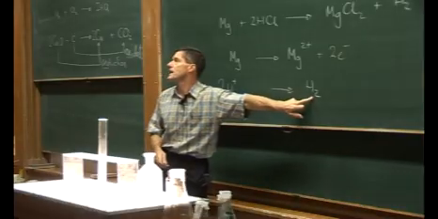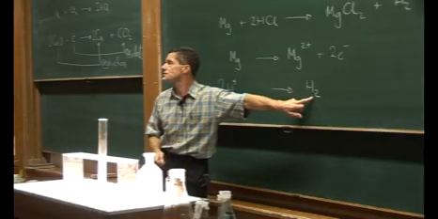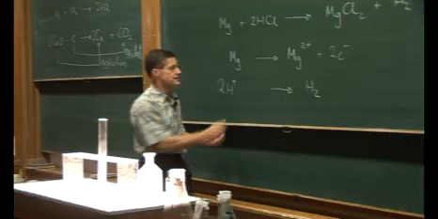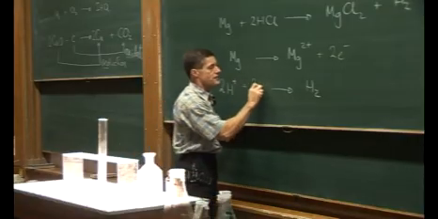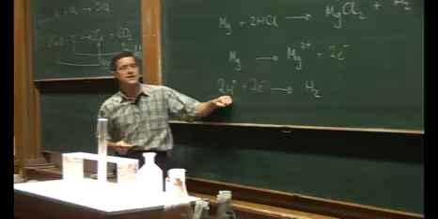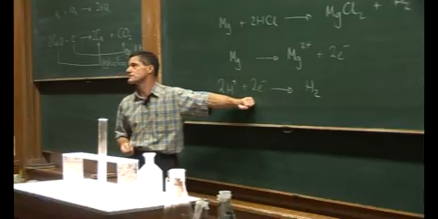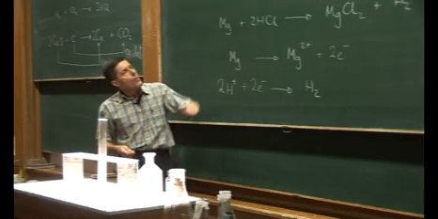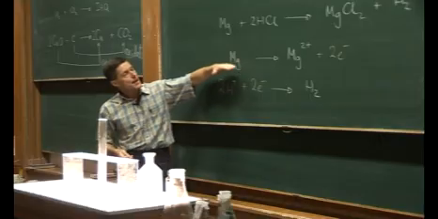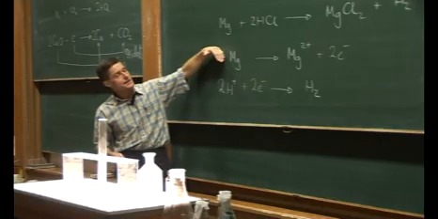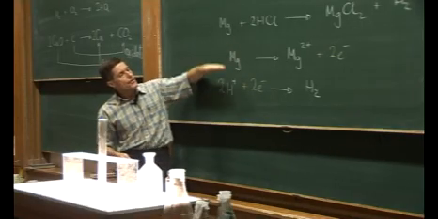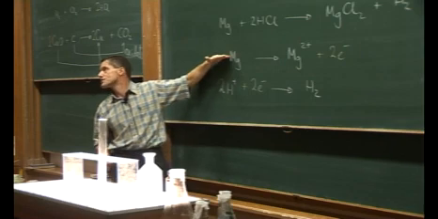Hydrogen in an H2 molecule has 2 electrons associated with it. So from somewhere, the H plus must have gained 2 electrons. Where have they come from? Well, they've come from the magnesium bit. So these are what we call half equations.